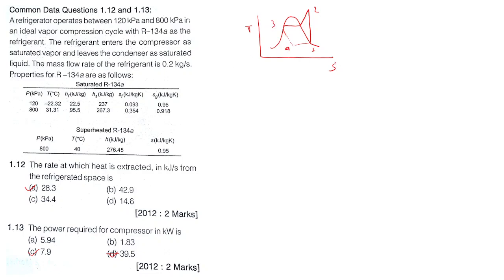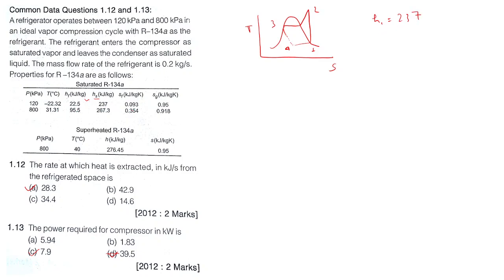So for one, we know the data. HF they have given. So what is HS? Heat enthalpy of steam. Okay. So we know H1, 237.